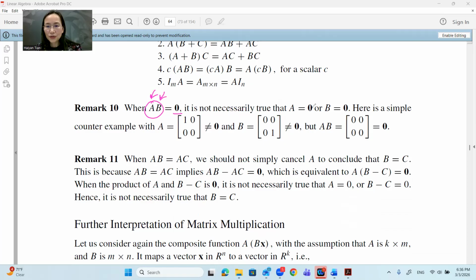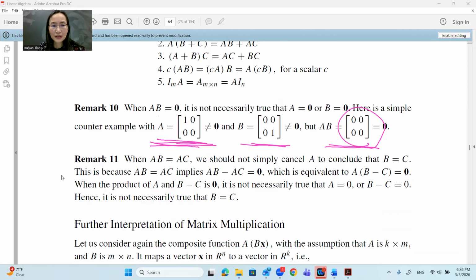For example, for this A and B, the product is 0, but neither one is 0. For matrices, it's possible that two non-zero matrices produce a product of the 0 matrix.